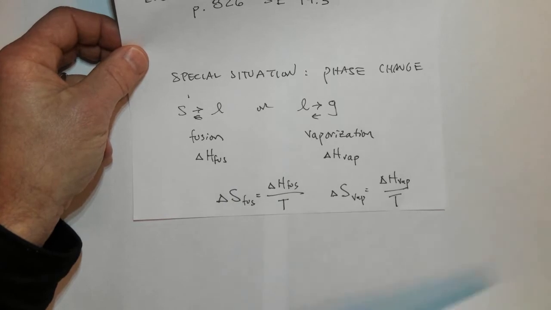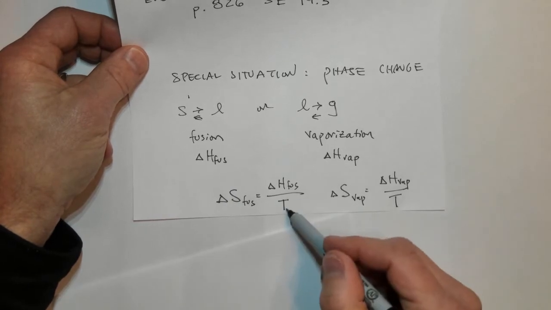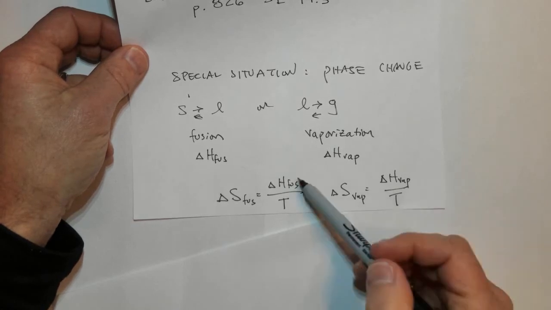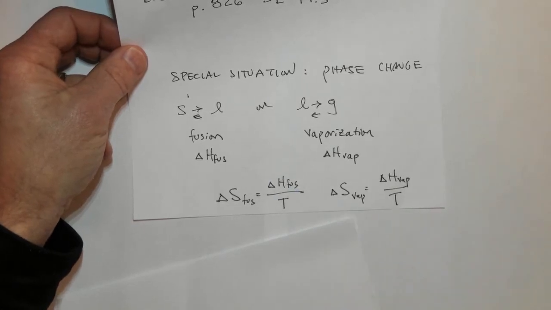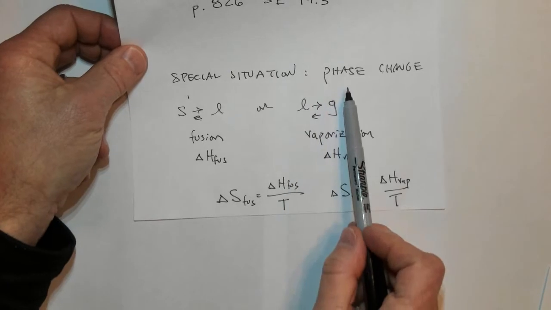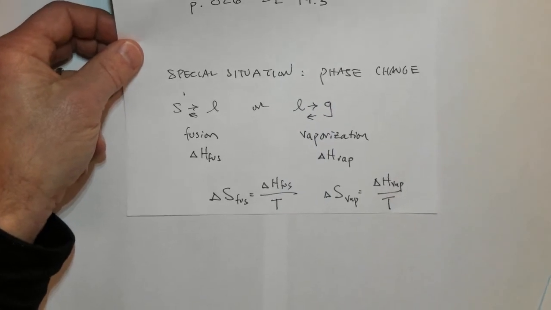This has to be a Kelvin temperature. And these enthalpies of fusion and vaporization are quite well known depending on what the substance is. Remember, this is a special situation only for phase changes.